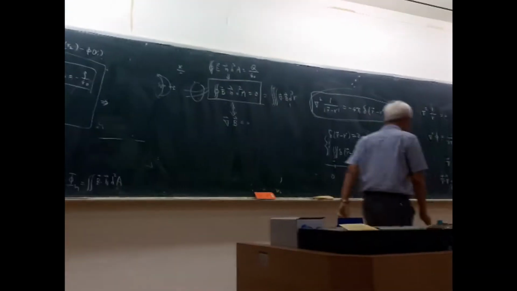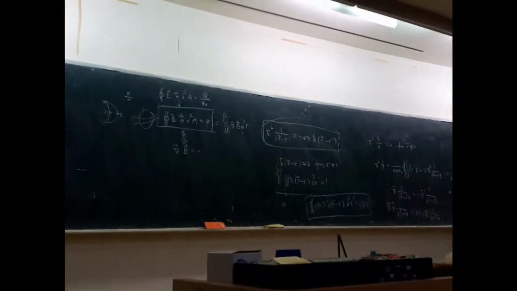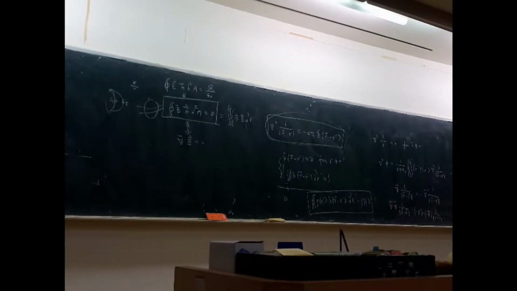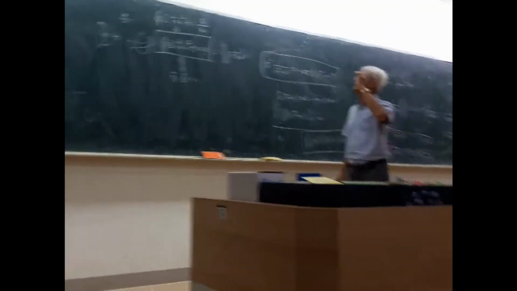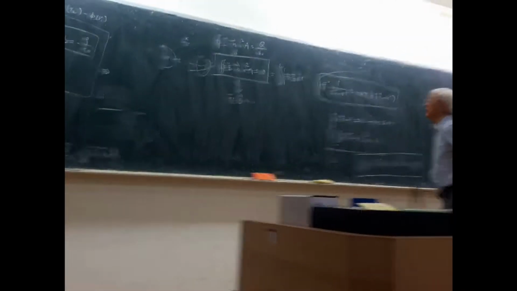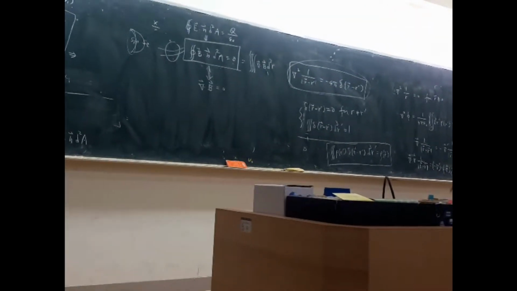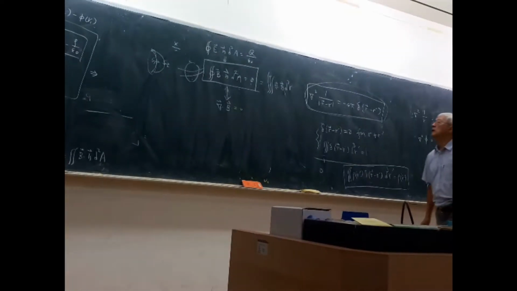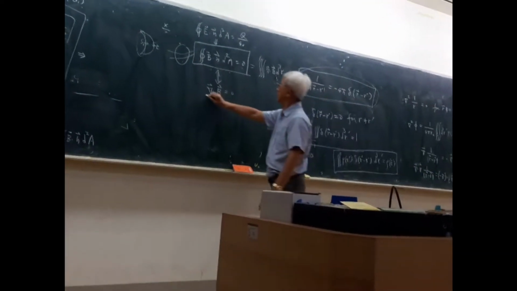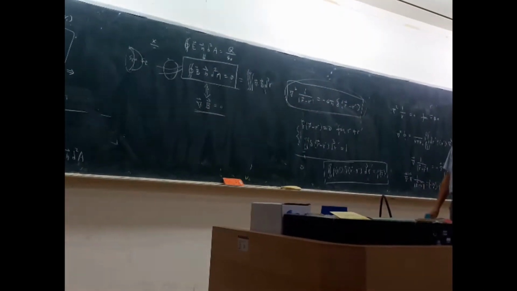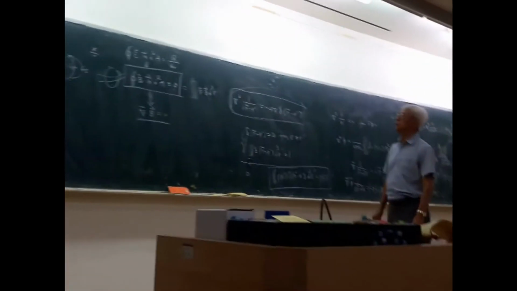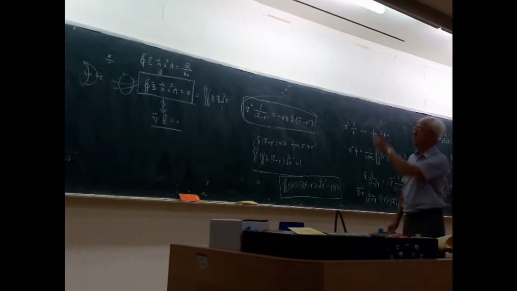I emphasize again and again, we will be using Gauss divergence theorem again and again, in addition to the Stokes theorem. So this is the magnetic version of Gauss law, compared with the electric field.